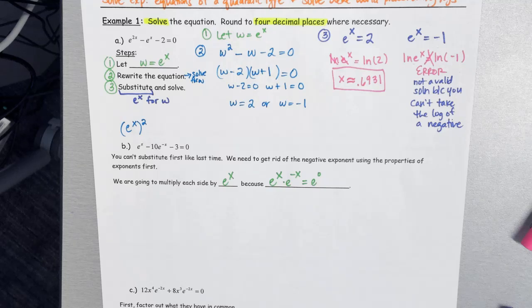Right? So, can you guys write out that you're multiplying each side by e to the x?